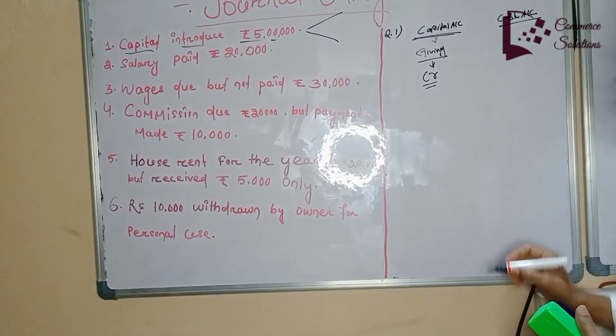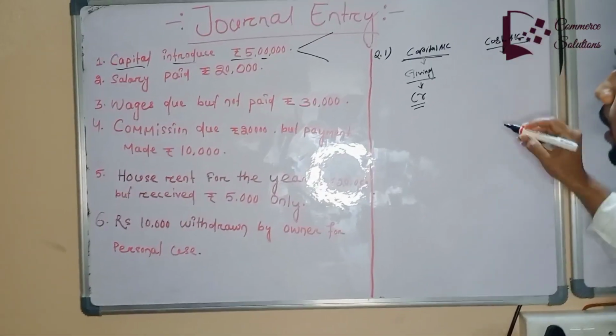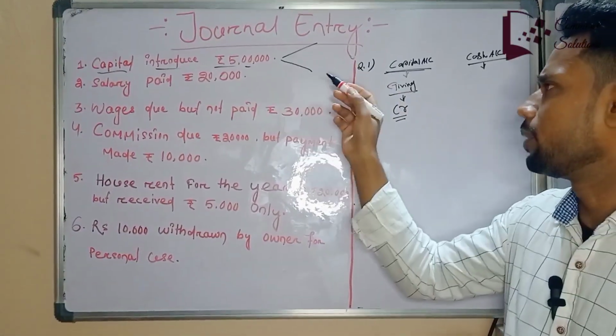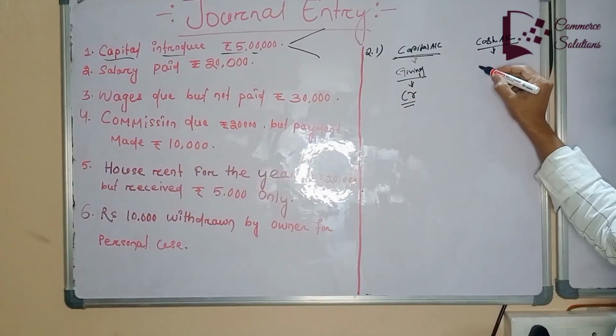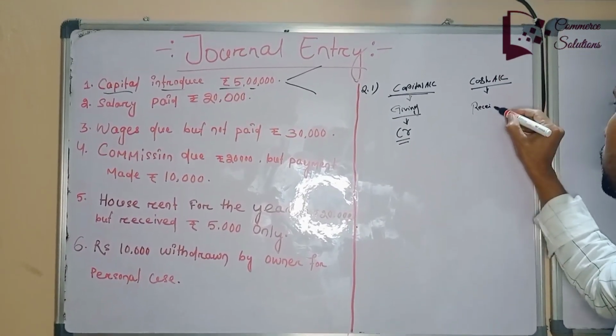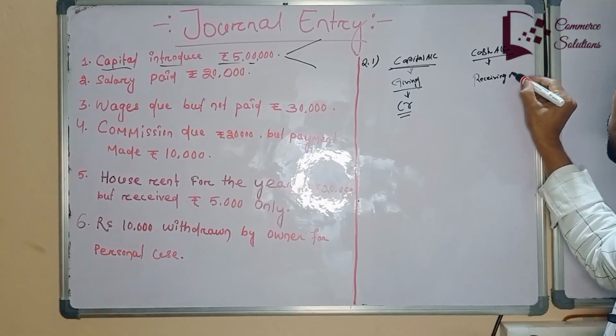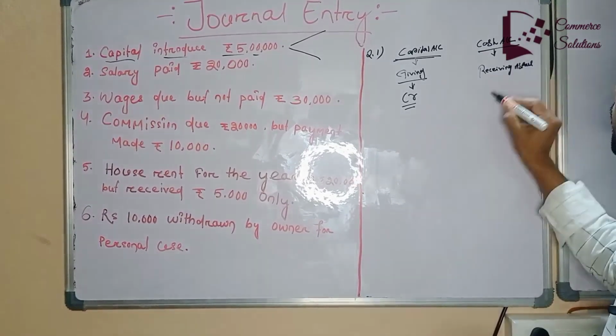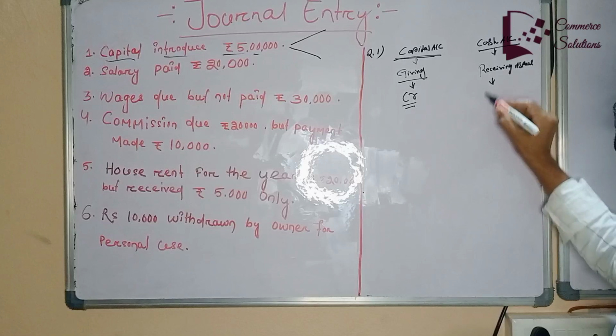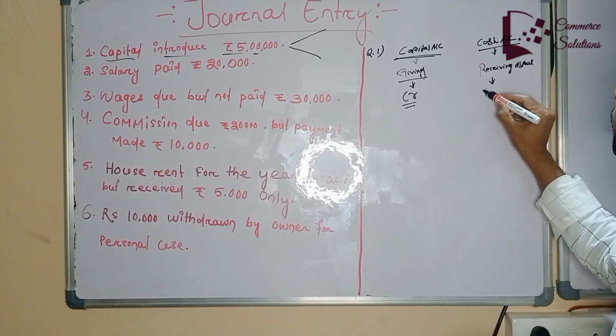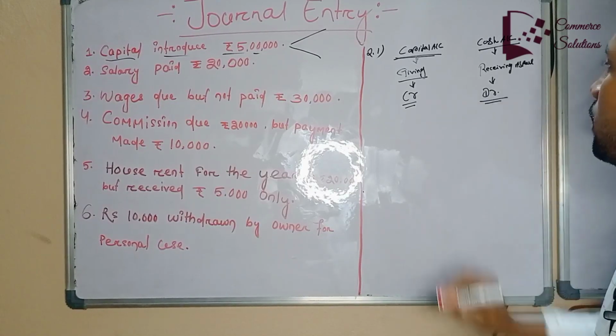Cash: in this transaction the business is receiving cash from the owner. So this is the receiving aspect. Receiving aspect should be debited.